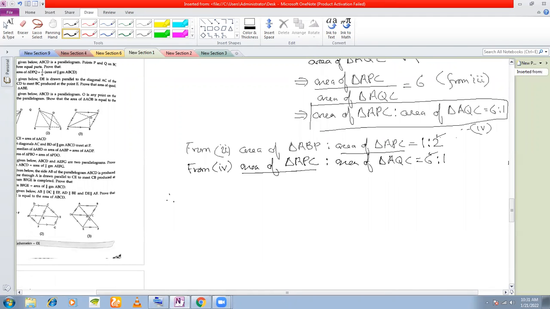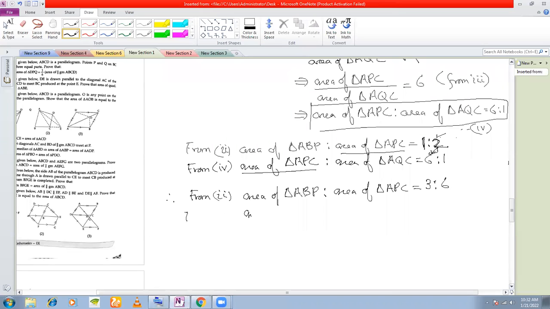From 2, what can you write? I want to make this and this the same, right? So I need to multiply 2 by 3. So area of triangle ABP is to area of triangle APC is equal to, I need to multiply this 2 by 3, but when I'm multiplying this 2 by 3, I need to multiply this also by 3, right? So 3:6.